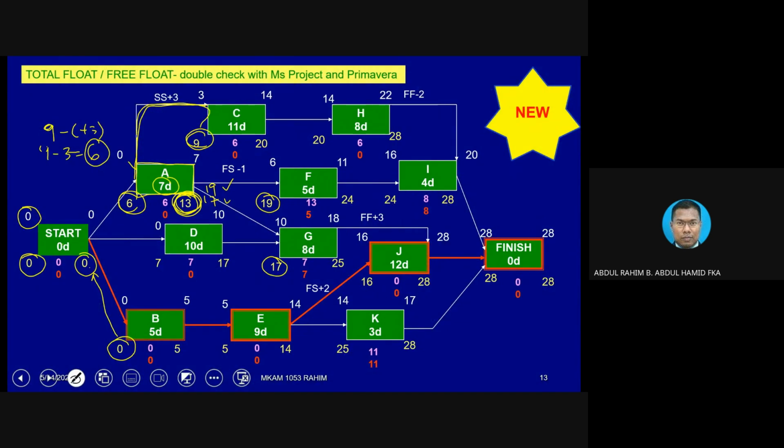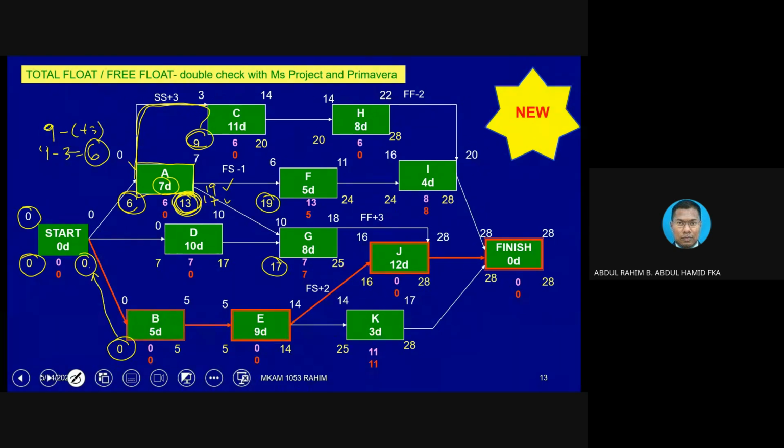That is a check. When you do the calculation, you have to make sure to come back with that value. If you make a mistake somewhere, you are not going to get the right value. Let's say you deduct with the wrong thing, or you copy the value from the previous box wrongly, you're not going to get the values right.